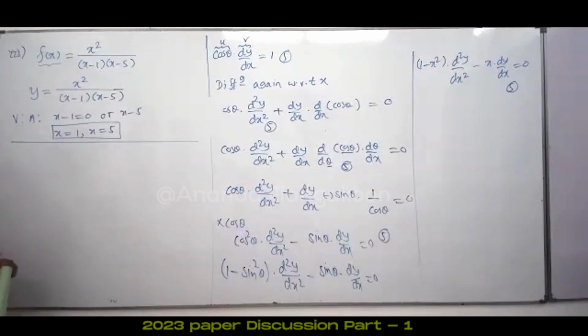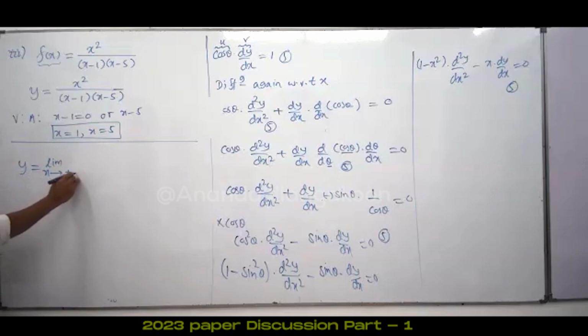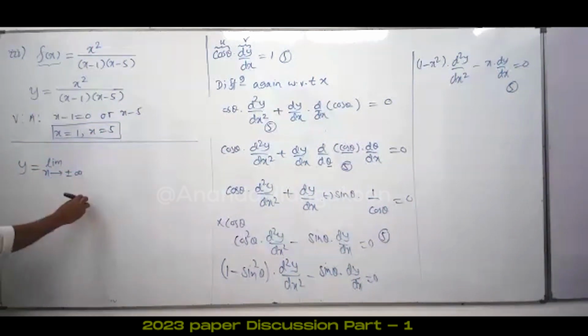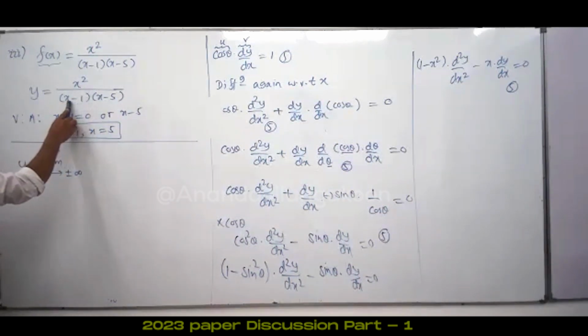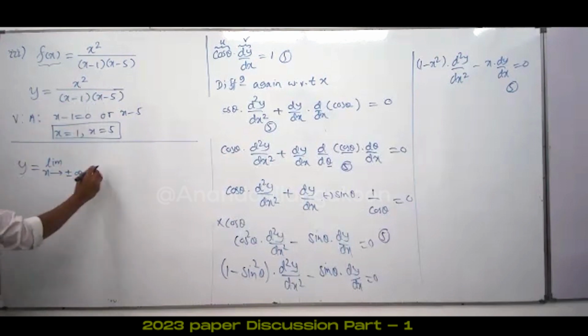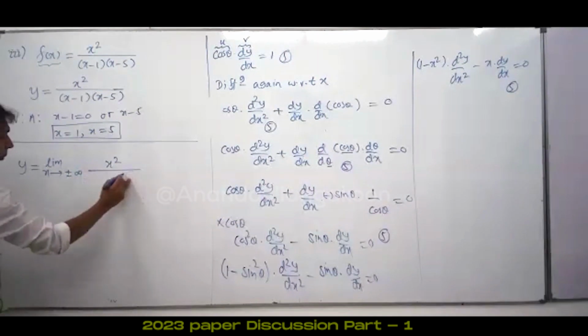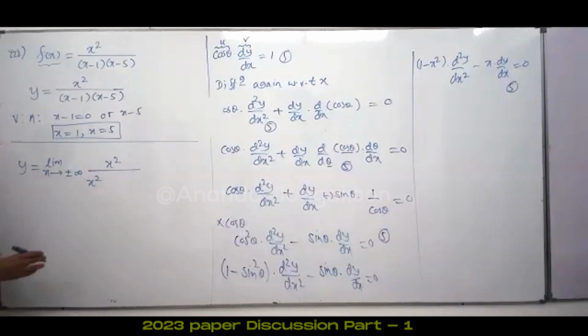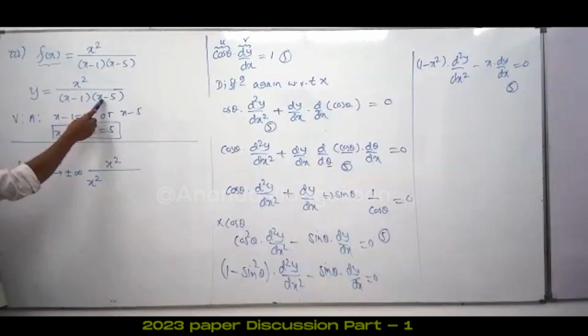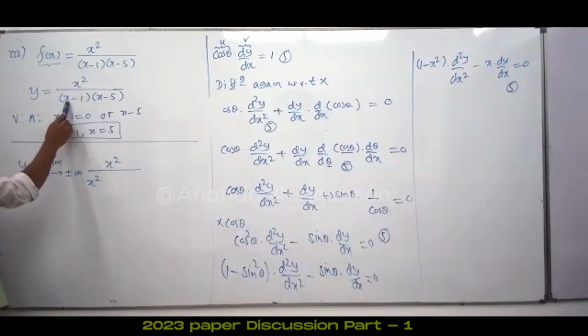And the horizontal asymptote we can find by taking the limit as x goes to plus or minus infinity. There, I take x out from this bracket and x out from the second bracket. Then x squared comes down from the denominator. So both brackets we divide by x.